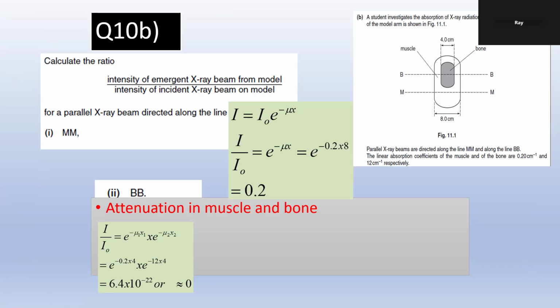Any comment? Bone is 4 cm, muscle is also 4 cm? No, 8 minus 4 is 4, because the first one is just muscle only. The next one is muscle, that's why ACM. Then this one is half muscle, half bone. BB.